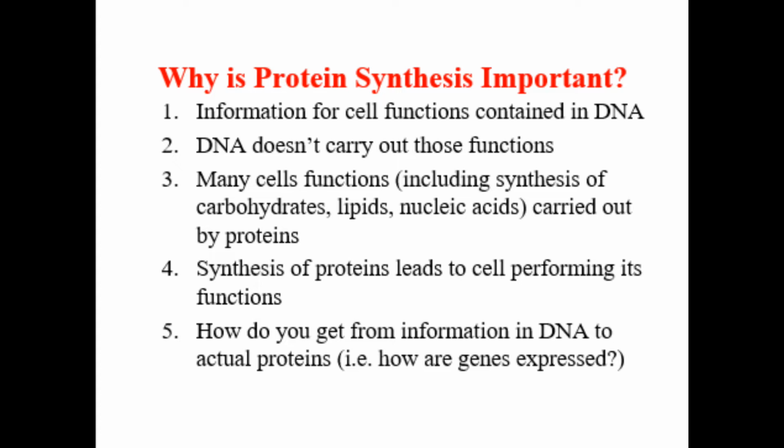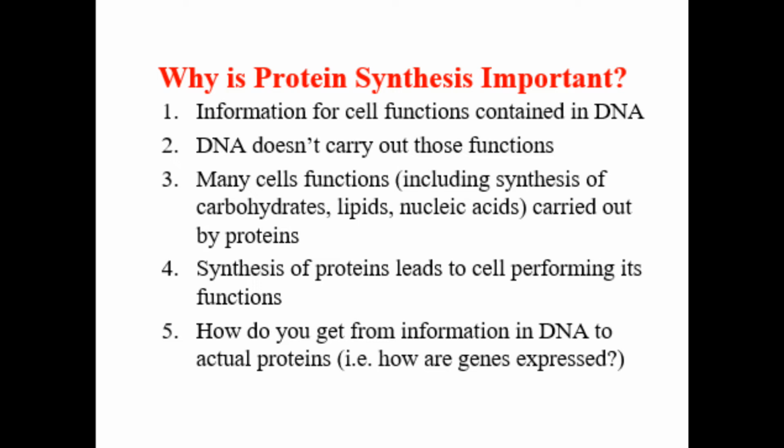In fact, I already said that, but you've got all this information in DNA. DNA isn't carrying out all these different reactions. DNA isn't moving things across the cell membranes. DNA is just storing this information. So cells, they need to make carbohydrates, they need to make proteins, they need to make nucleic acids, they need to make RNA.